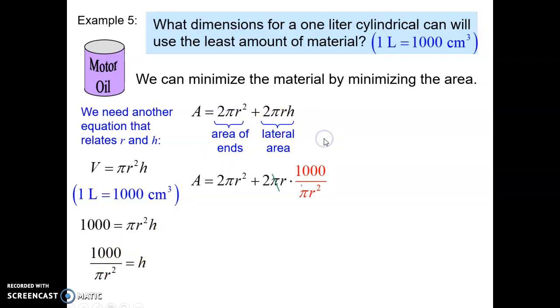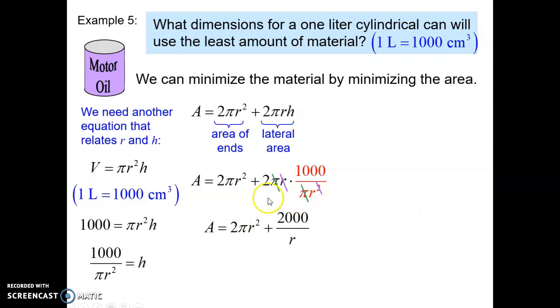And when I do that, I can simplify this equation a little bit and get my area equation is equal to 2 pi r squared plus 2,000 over r, or I could write this as 2 pi r squared plus 2,000 r to the negative 1. So I don't have to use the quotient rule. All right, now I have an equation.